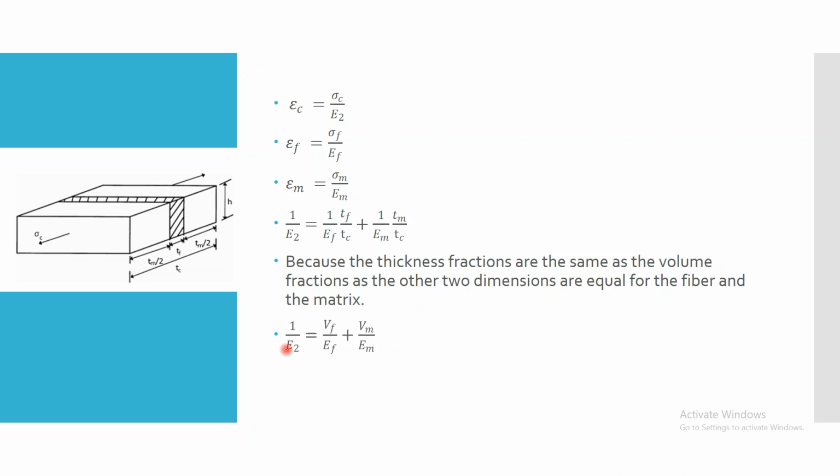Longitudinal Young's modulus means the load is applied along the direction of the fibers. Transverse Young's modulus means the load is perpendicular to the fibers. You should be aware of these two things. So E1 is VF EF plus VM EM, but to calculate E2, 1 divided by E2 is equal to VF divided by EF plus VM divided by EM. This is one more elastic constant for the composite material.